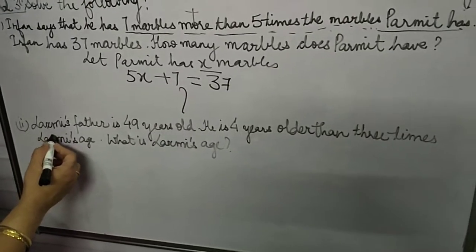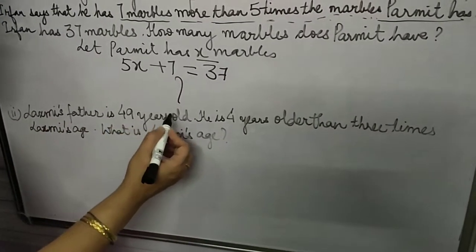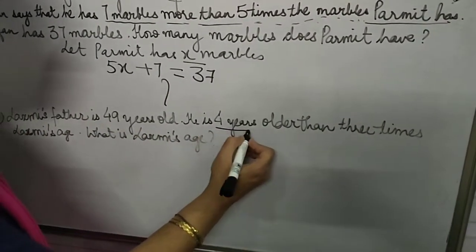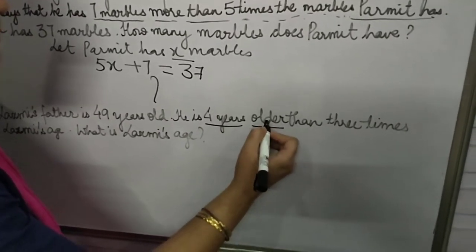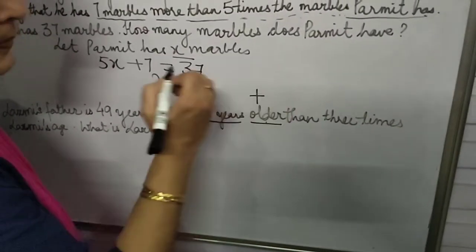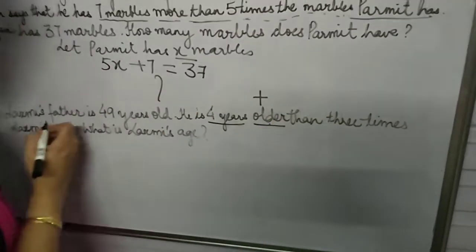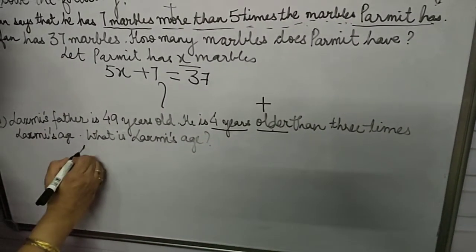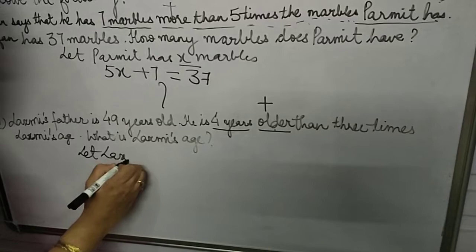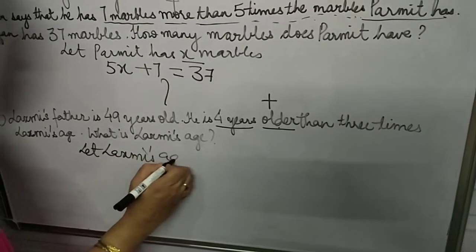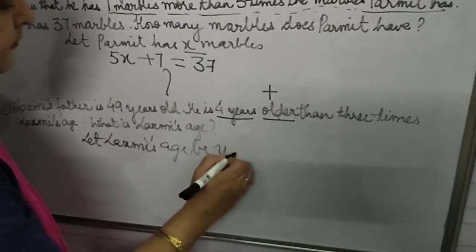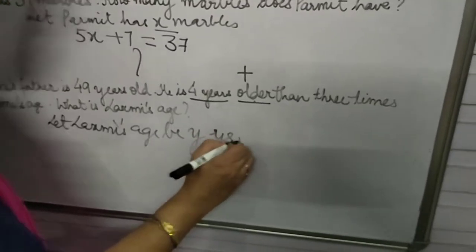B, second part is Lakshmi's father is 49 years old. He is 4 years older. Older means bada. Bada means plus. Then 3 times Lakshmi's age. Then what is Lakshmi's age? Let Lakshmi's age be y years.